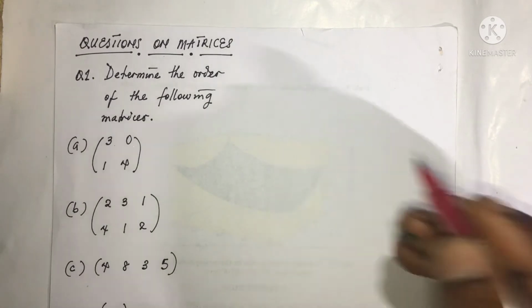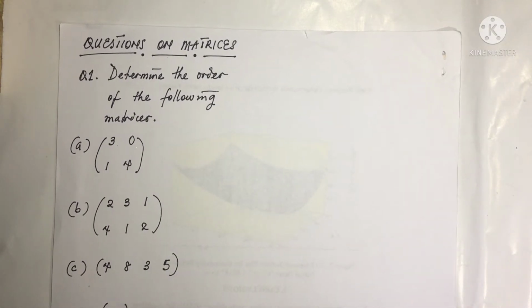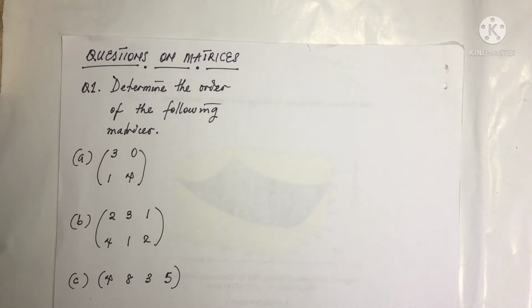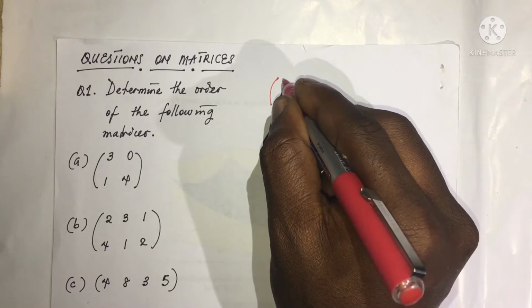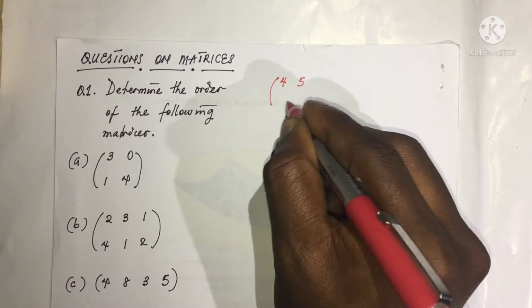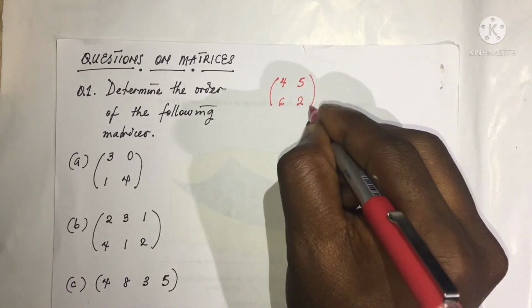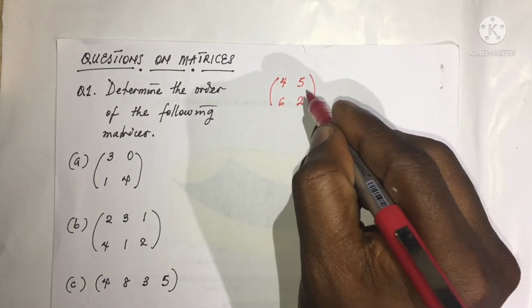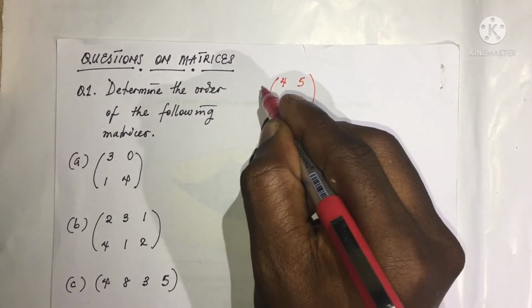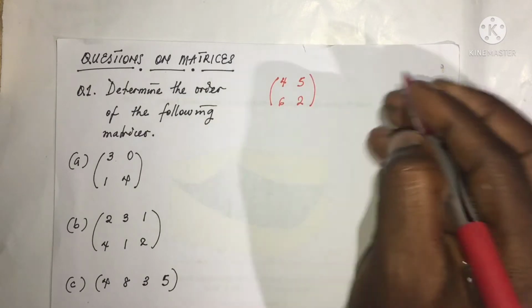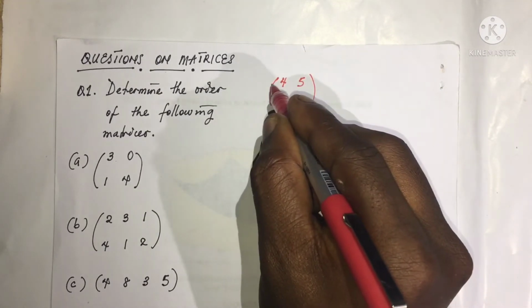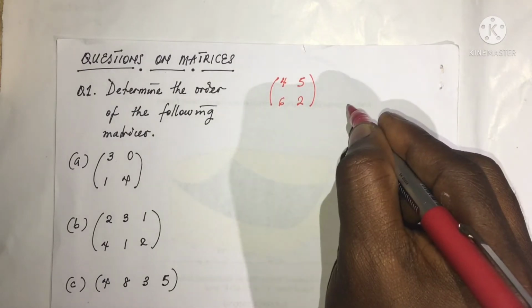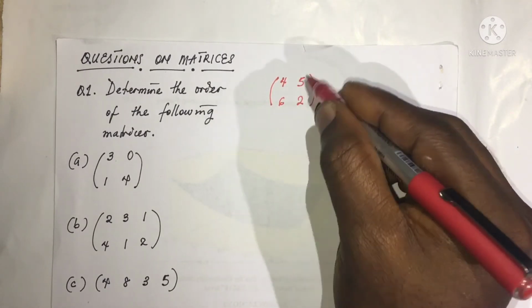For example, if this is a matrix with 4, 5, 6, 2 being the members, then I can tell what order this matrix has simply by stating the number of rows. The rows are the horizontals in the matrix while the columns are the verticals.